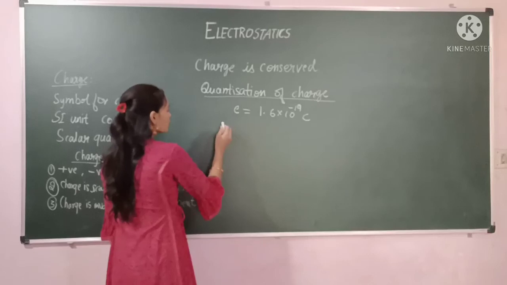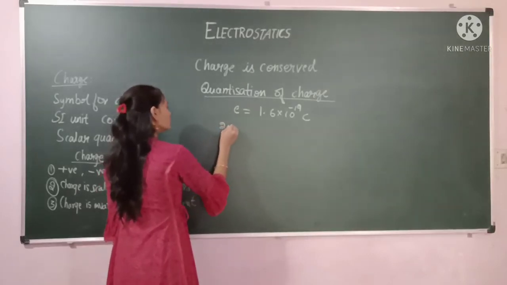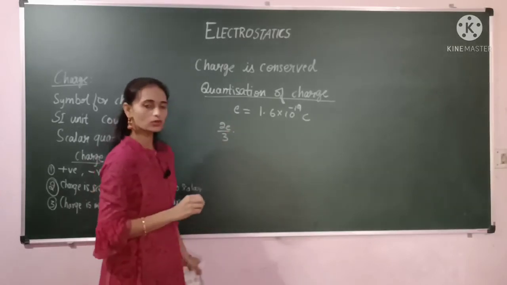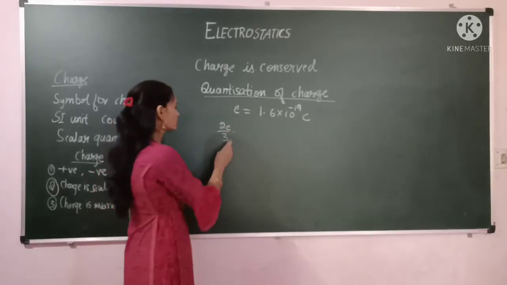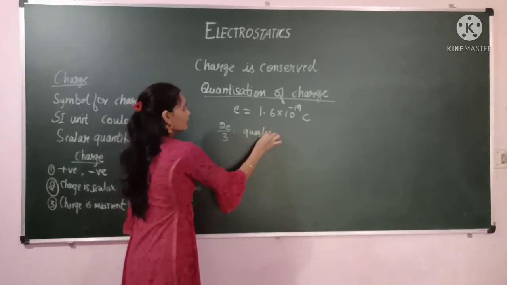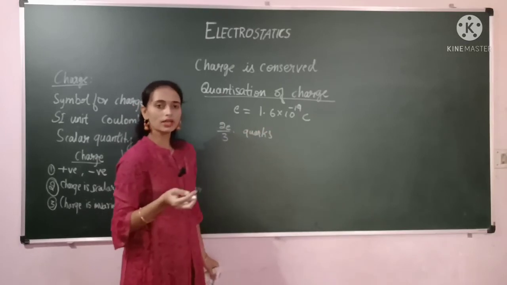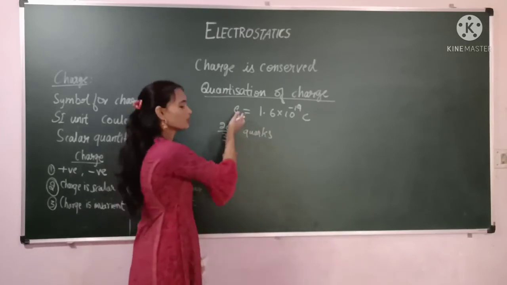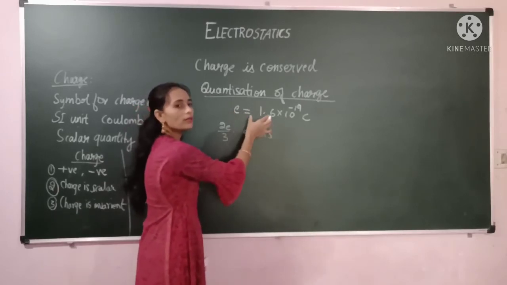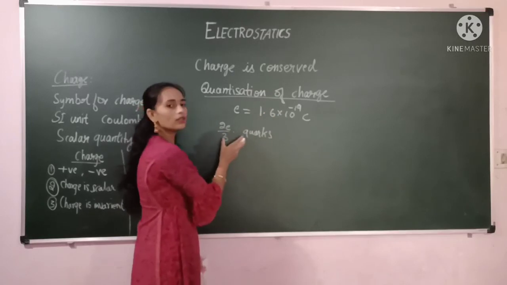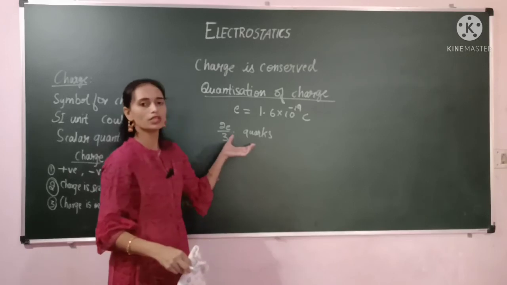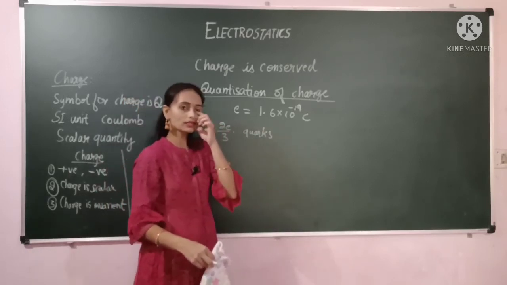Next, in nature we found that charges of 2e/3 also exist. These we call quarks or antiquarks. Quarks and antiquarks are smaller than an electron, but the electron is the smallest independent charge, while these are not independent; they always occur in combination.